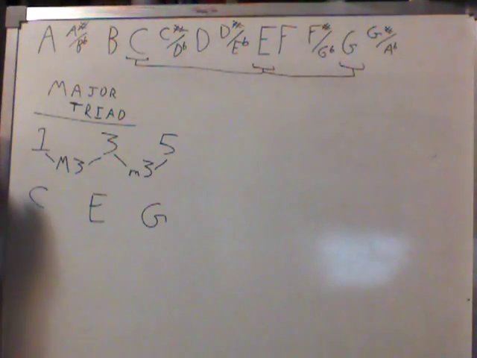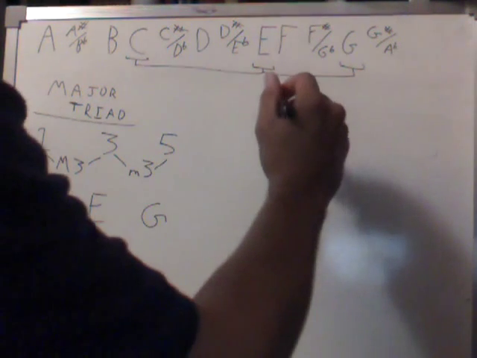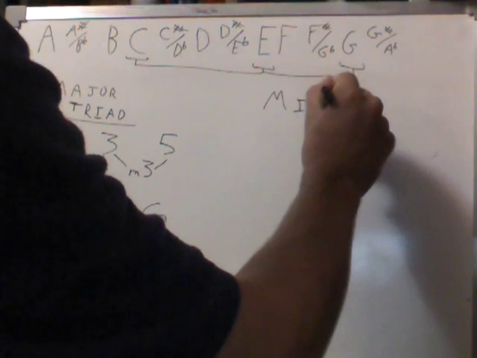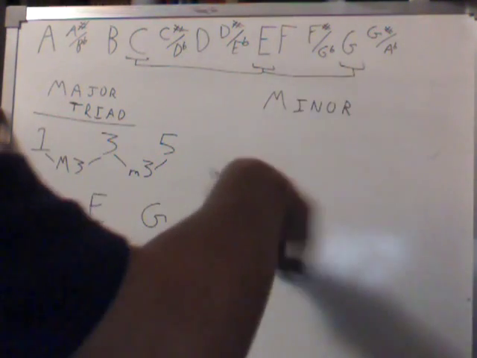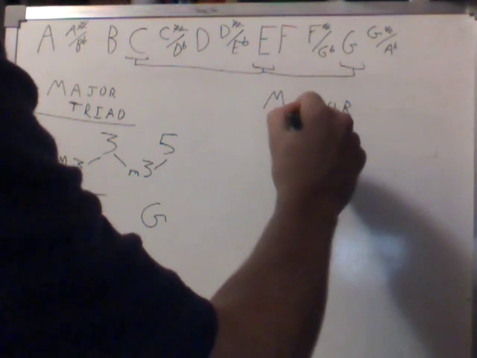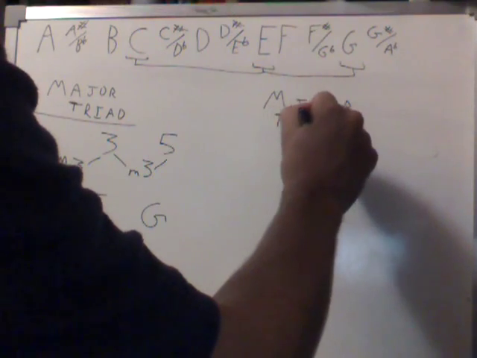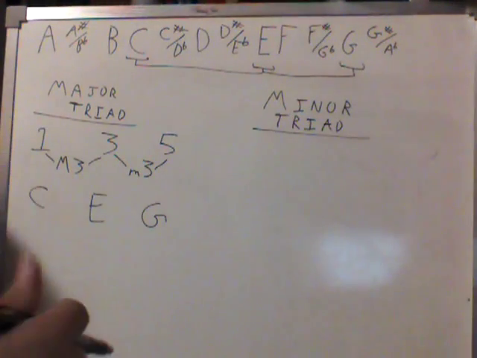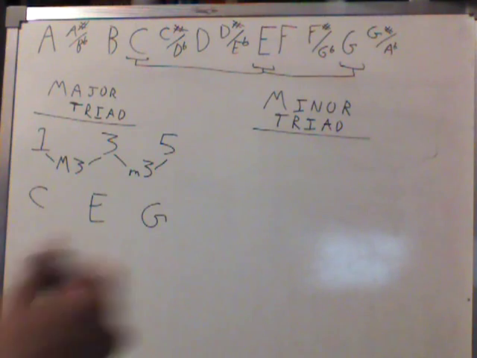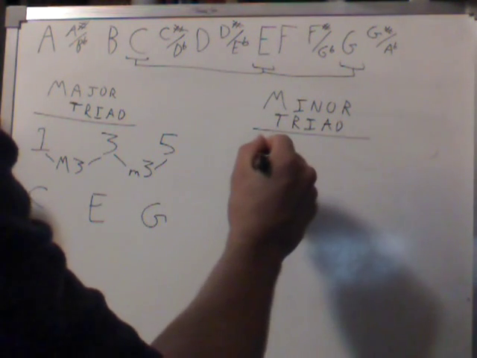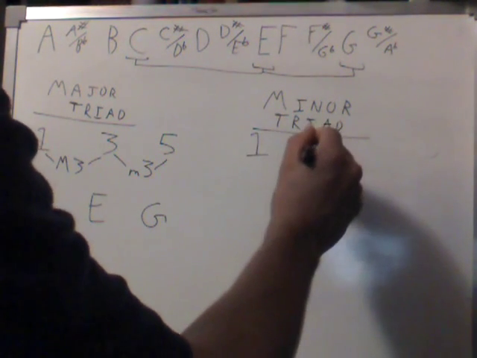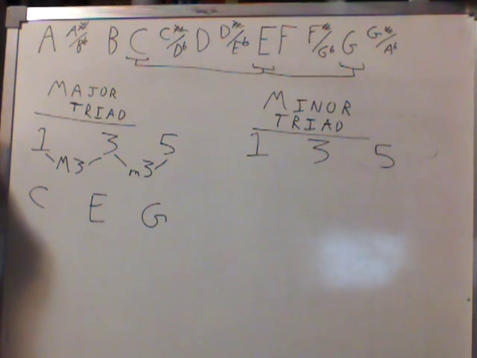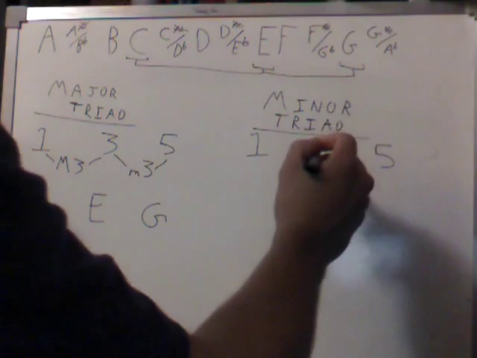The next type of triad that we're going to go over is the minor triad. And I want you to write these down because I'm going to be erasing this side of the board. I'm going to keep the major one, but I'm going to erase this side. So the minor triad is made up of, again, the first, the third, and the fifth. The 1, the 3, and the 5. But we tweak it a little bit. We flat the third.